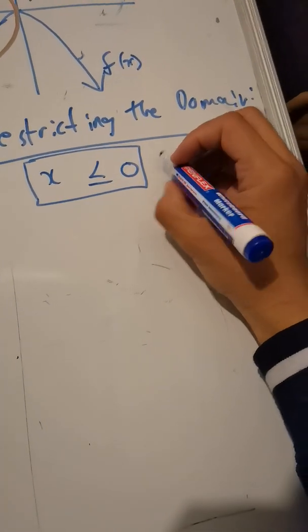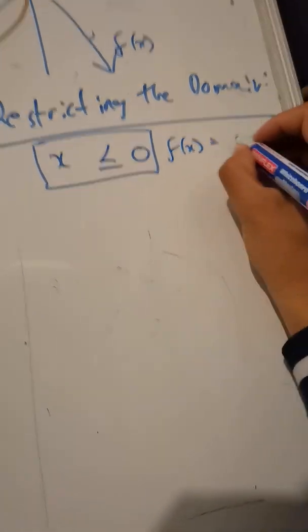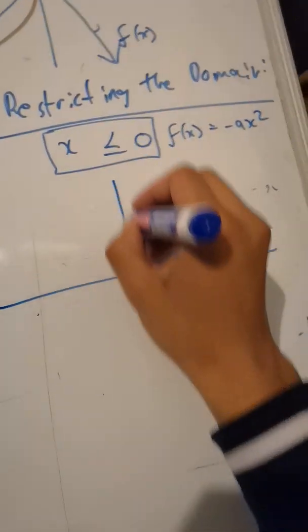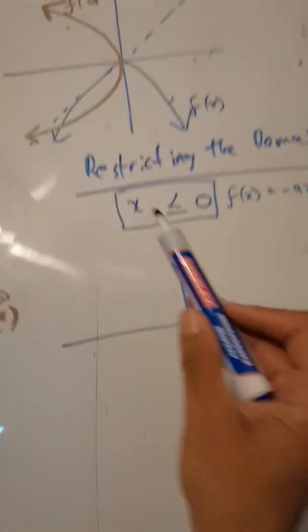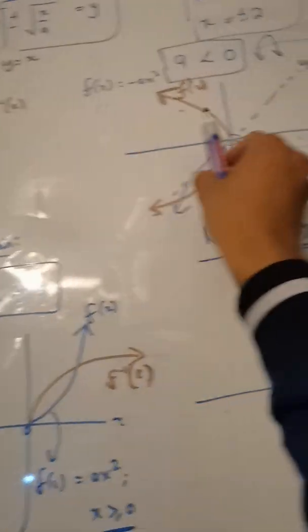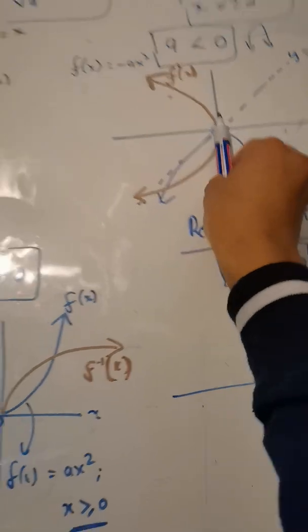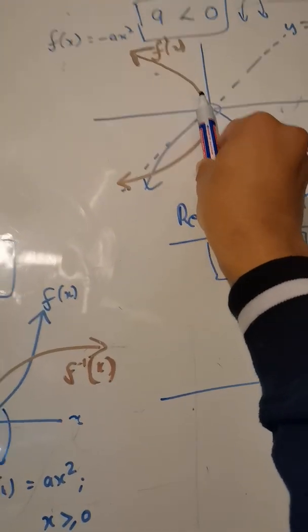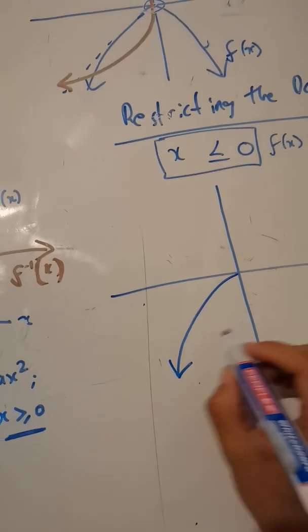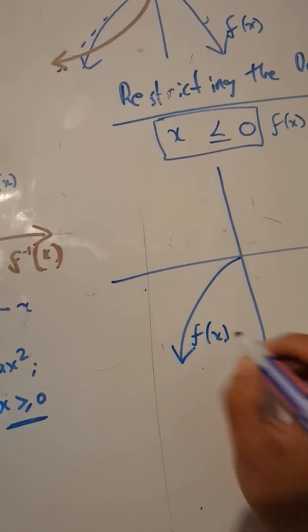So don't forget, the function is f of x equal to negative ax squared. If we restrict the domain and say that x must always be to the left of 0, we're saying that x is less than or equal to 0, and a is always going to be less than 0. We're only taking this arm into account for f of x.